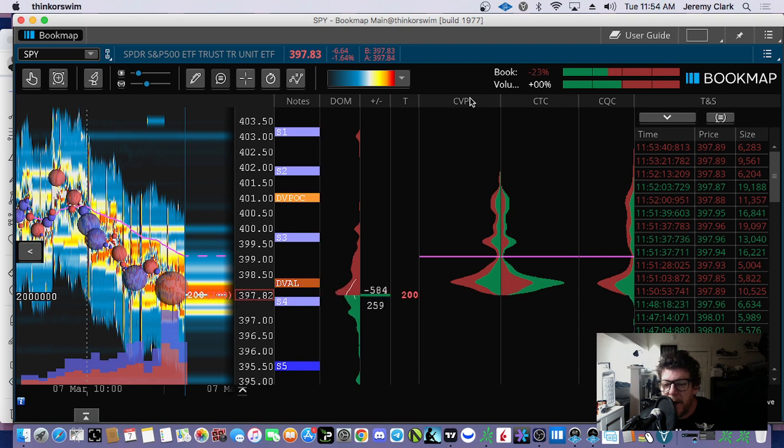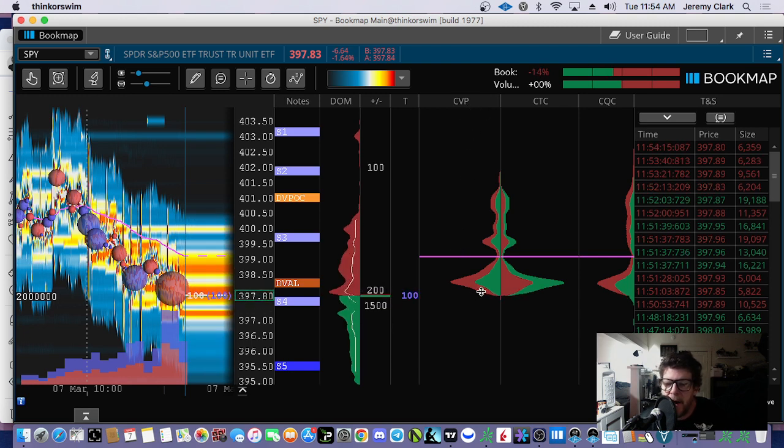Okay, looking at the volume, we've also got a volume profile here, and the volume also has its volume point of control. Now, when the day started, I have 401 marked as the developing volume point of control. Okay, so that's now moved down here.